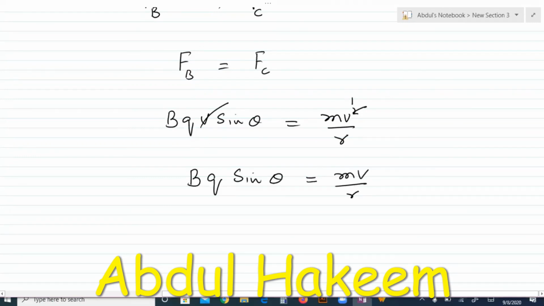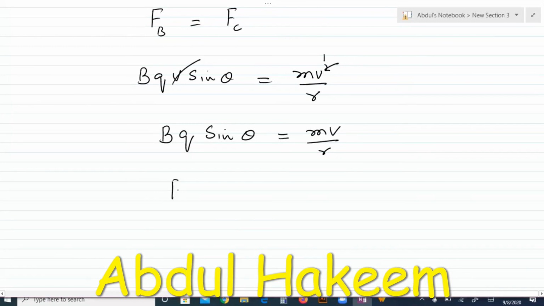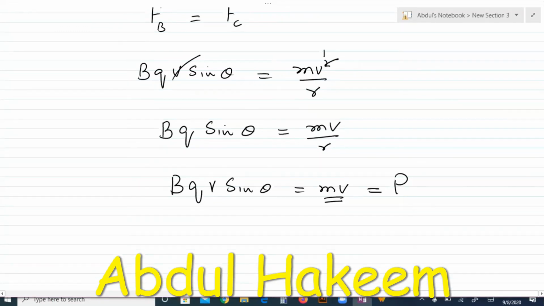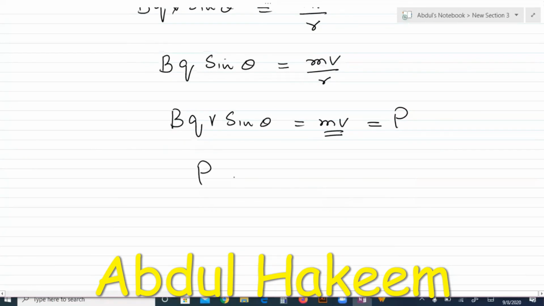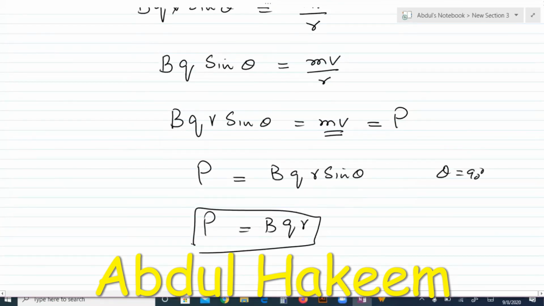If the angle is 90, then BQR is equal to mv, and mass into velocity is the momentum. So the first formula, the momentum of the charged particle, is BQR sine theta. When theta is 90 degrees, then we can write momentum P equals BQR, where P is the momentum, the product of mass and velocity.